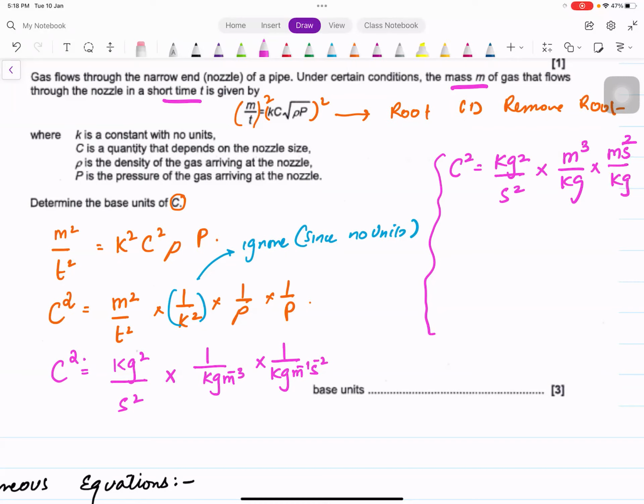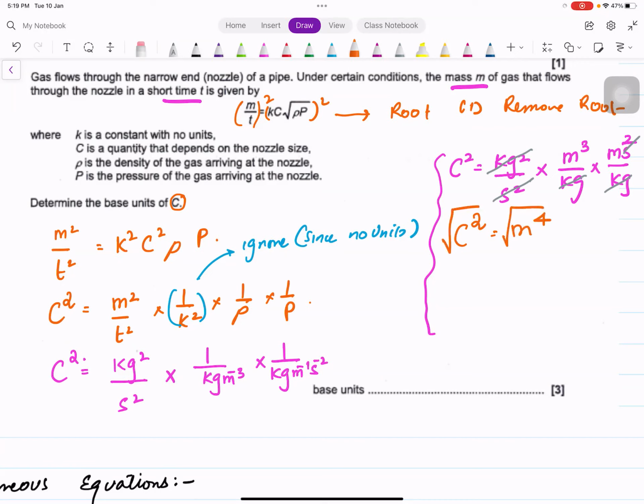So if you see, there are 2 kgs on top and 2 at the bottom, so these cancel out. And there are second square and second square, which also cancel out. Only the meters are remaining, so there are 4 meters, right? So meter cube and meter would be meter raised to power 4.